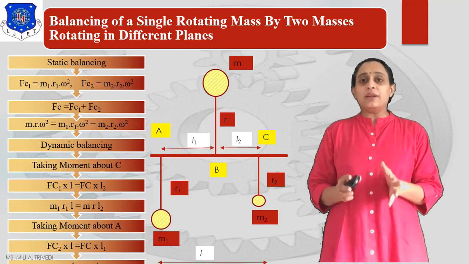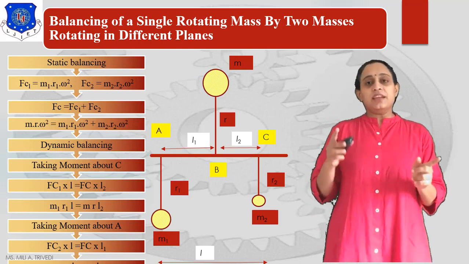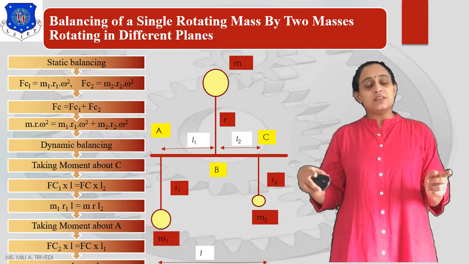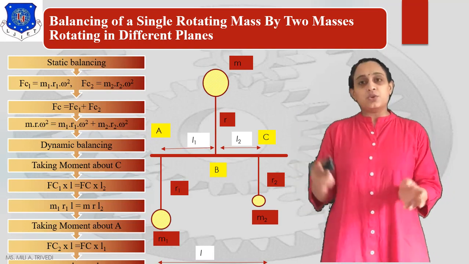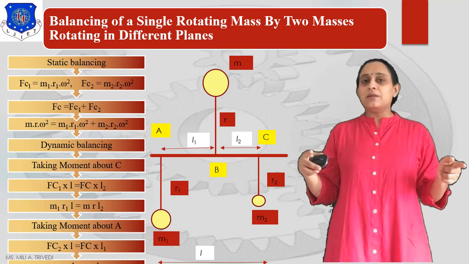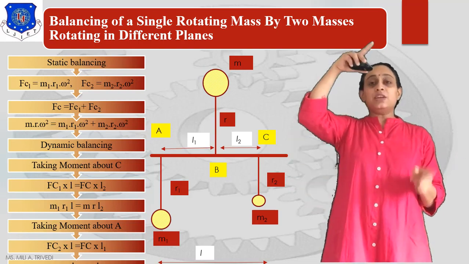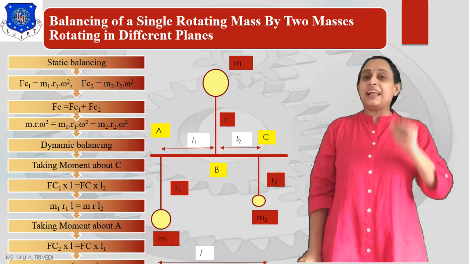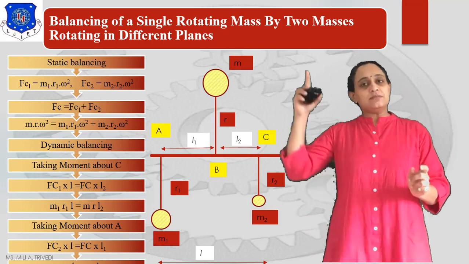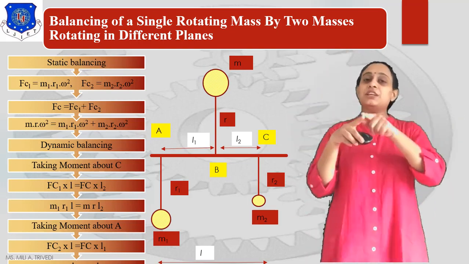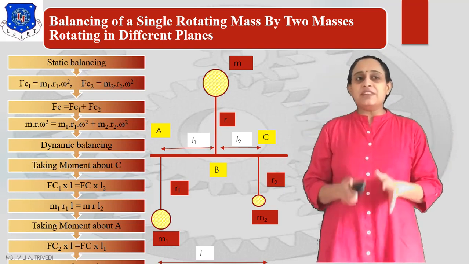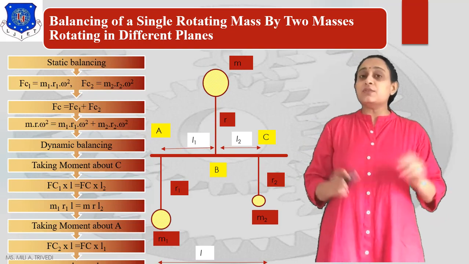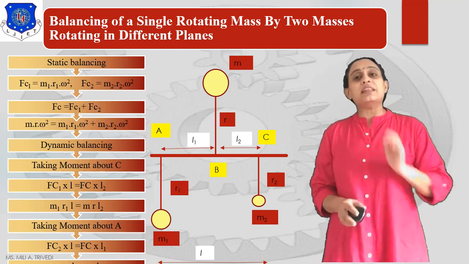If we are taking moment about A, here we have the m2 mass. By this m2 mass we have the centrifugal force as Fc2. So here Fc2 into L is equal to Fc into the perpendicular distance. It means L1. So we can write Fc2 into L is equal to Fc into L1. So we will get the final equation in this form. So this is the dynamic balancing.